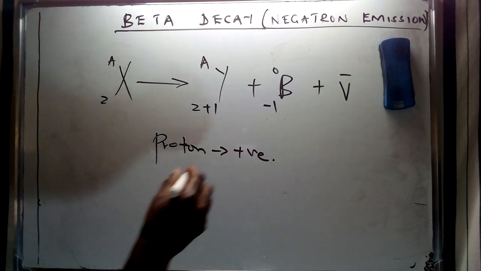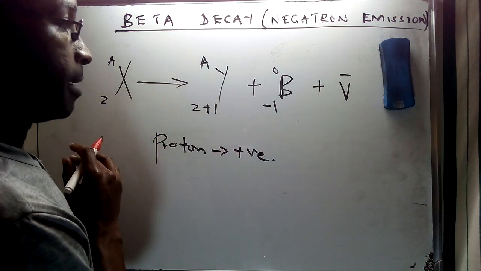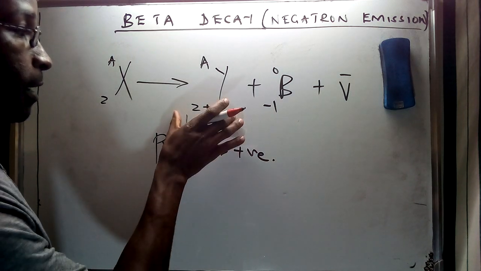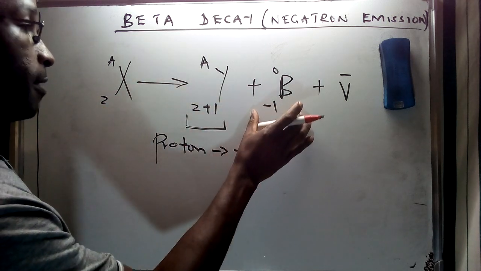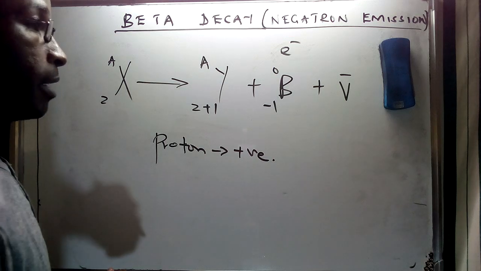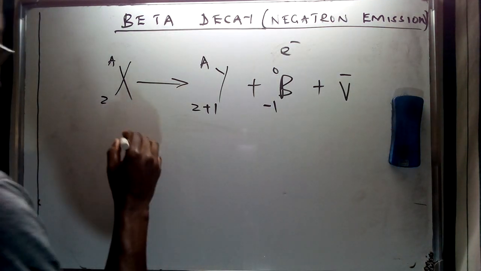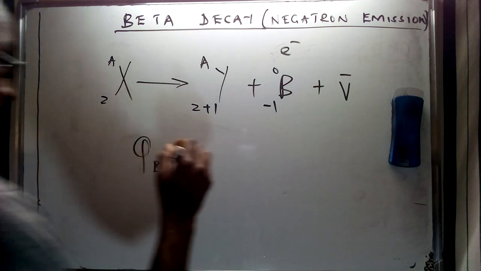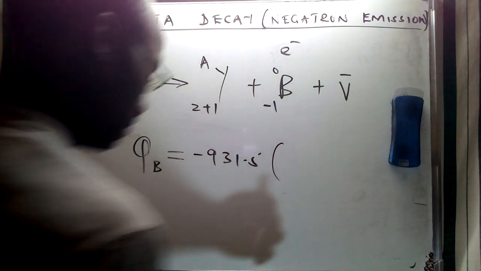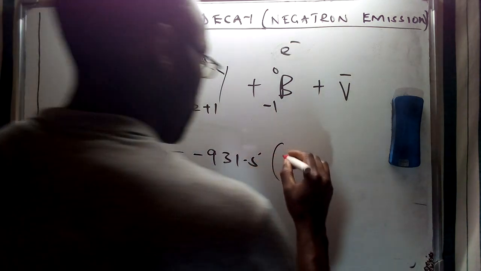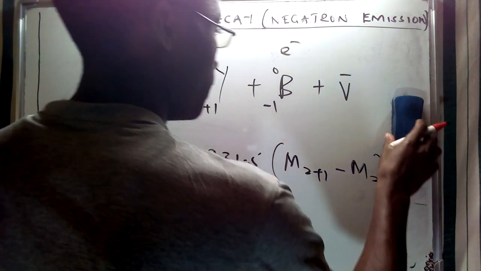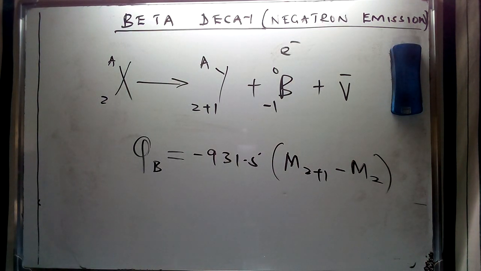The effect of a change in mass is not experienced for this daughter atom, as the influence of this electron makes the daughter nuclei neutral. So in our calculation, Q beta is equivalent to 931.5 mega electron volts per atomic mass unit, multiplied by the change in mass, represented as Z plus 1 minus Z.